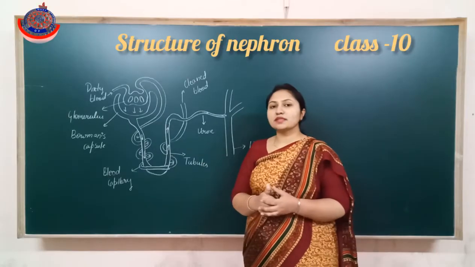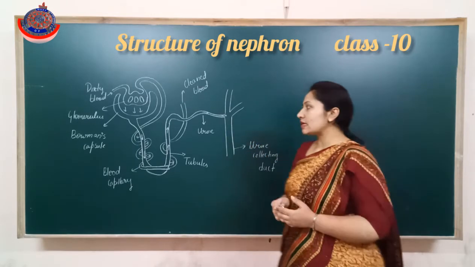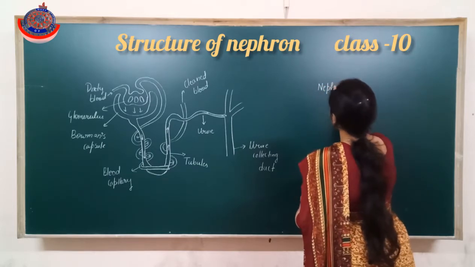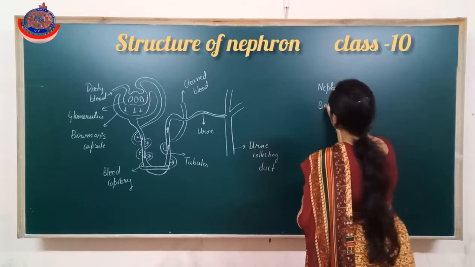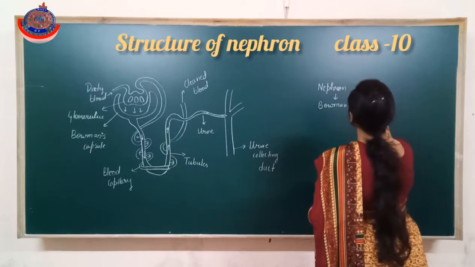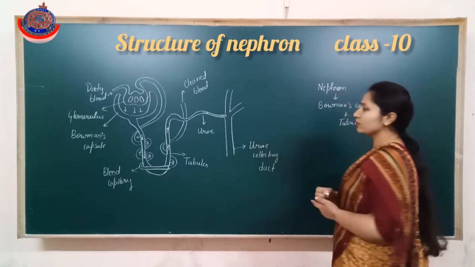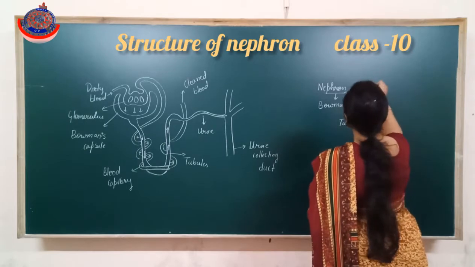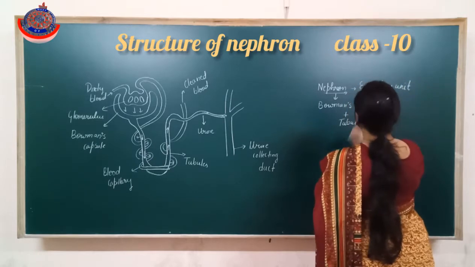This diagram represents the structure of the nephron. The nephron consists of the Bowman's capsule plus a tubule. The nephron is known as the excretory unit.